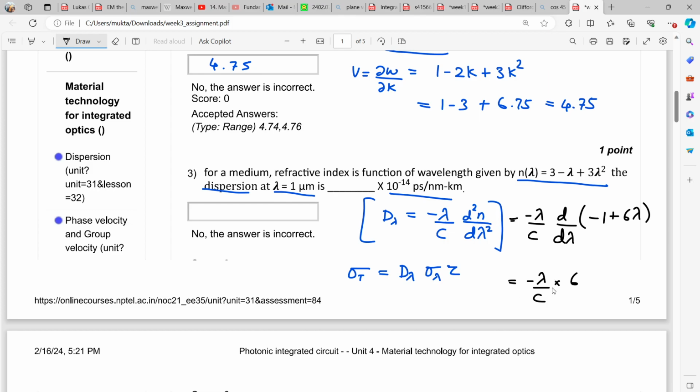Right? So lambda is nothing but 10 power minus 6 because it's given to be 1 micrometer, and c is 3 into 10 power 8. So the net will be minus 3, 2s are 6, minus 2 into 10 power, this was minus 6 and this is plus 8, 8 minus 8. Minus 8 minus 6 is minus 14.